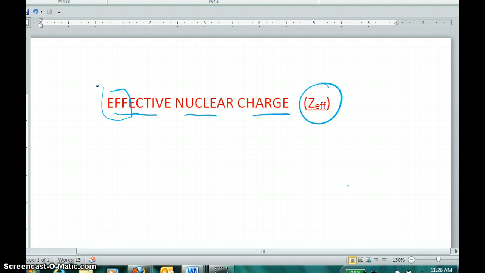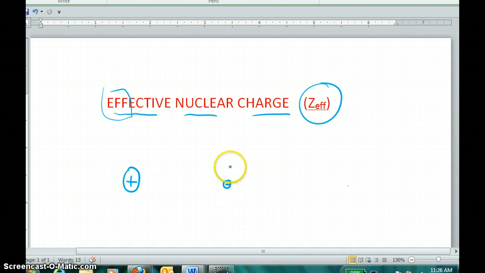Now, what this is is fairly simple to understand. You have an atom which has a nucleus, and in that nucleus there are protons, and protons have positive charge. Now, surrounding the nucleus you find electrons, small bits of matter of negative charge.